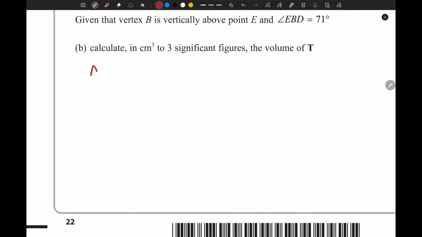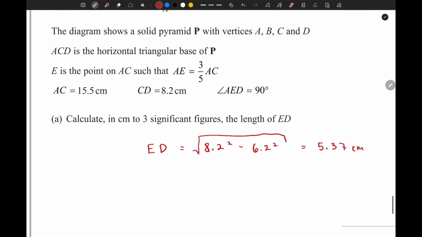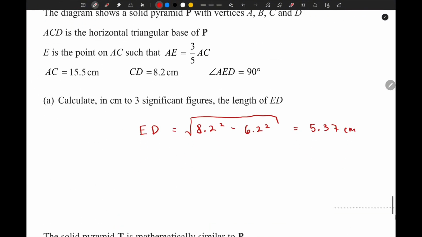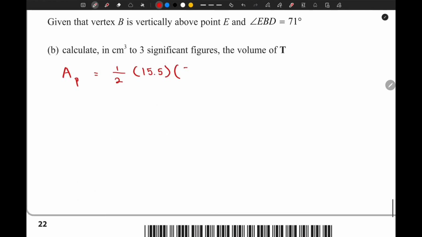So the area for shape P is half times 15.5 multiplied by the perpendicular height, which is ED. ED is equal to 5.37. So this is equal to around 41.62 centimeters squared.